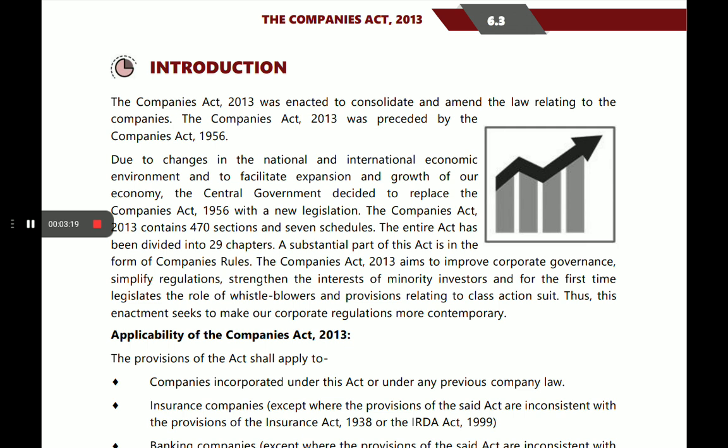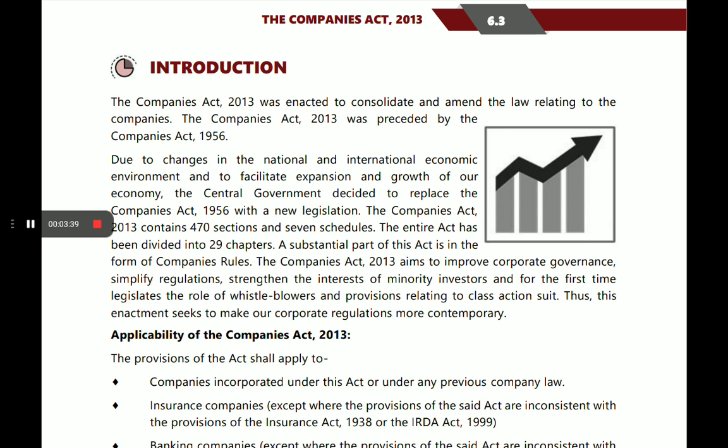The central government decided to replace the Companies Act 1956 with a new legislation. The Companies Act 2013 contains 470 sections and 7 schedules.